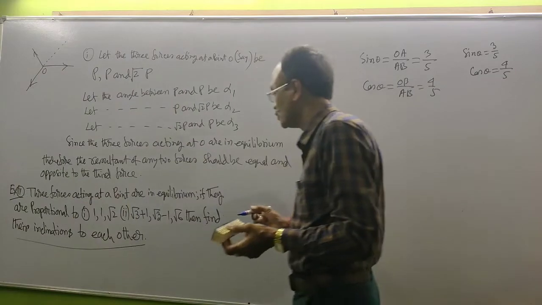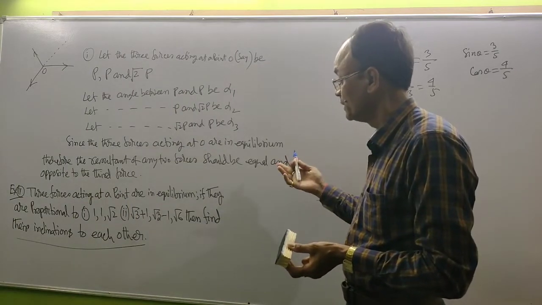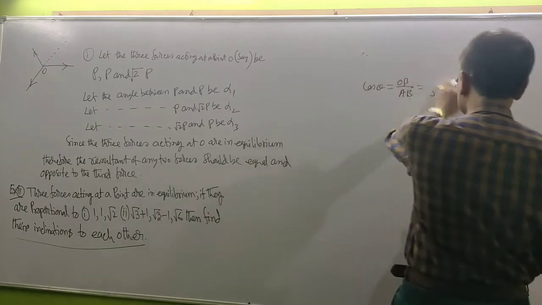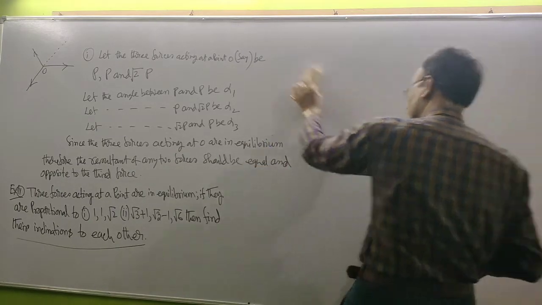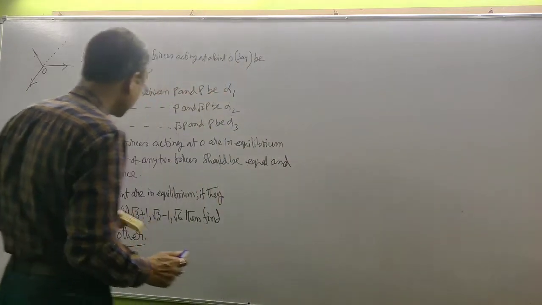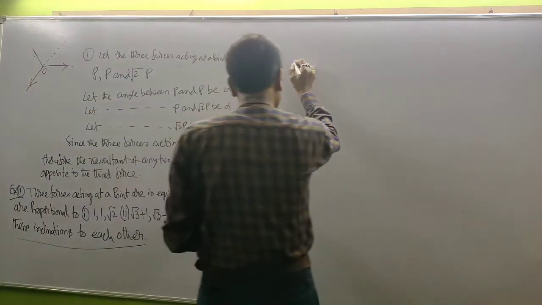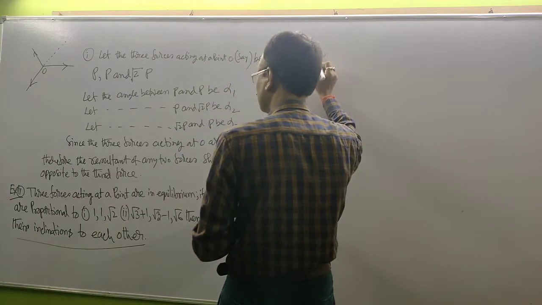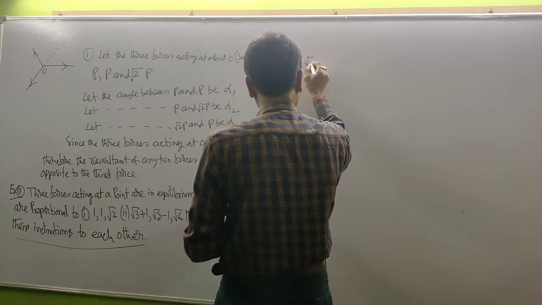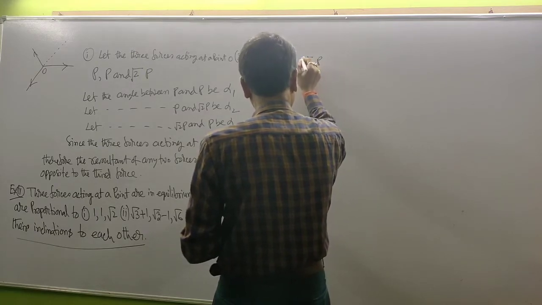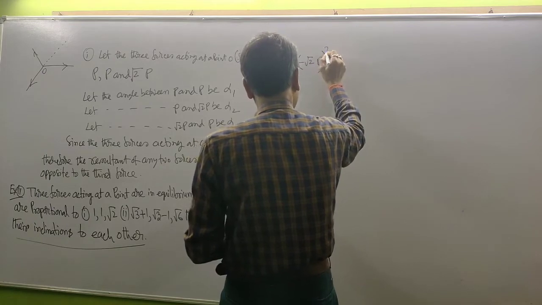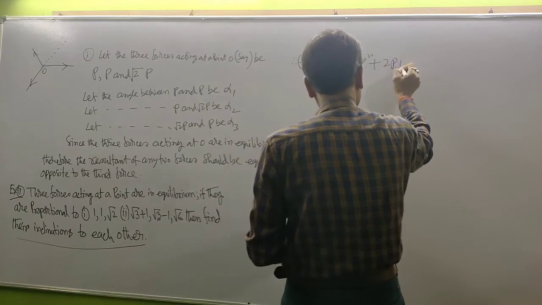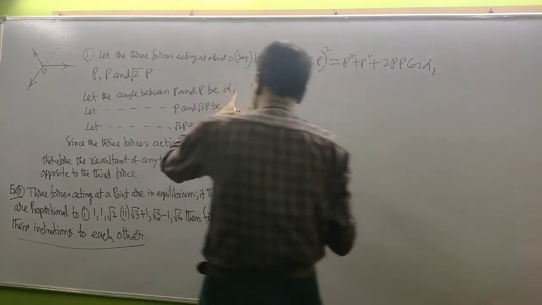Therefore, the resultant of any two forces should be equal and opposite to the third force. Therefore, root 2P, opposite, therefore root 2P whole square equal to P square plus P square plus twice P into P cos alpha 1.